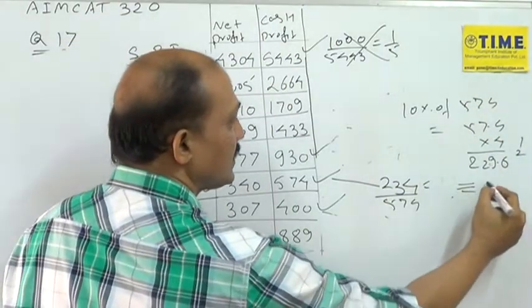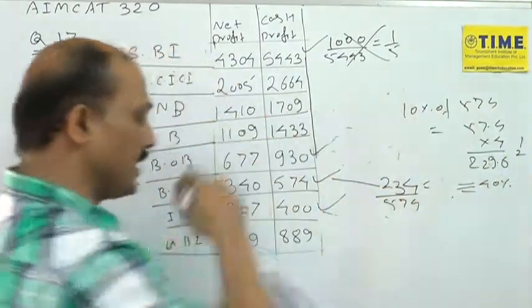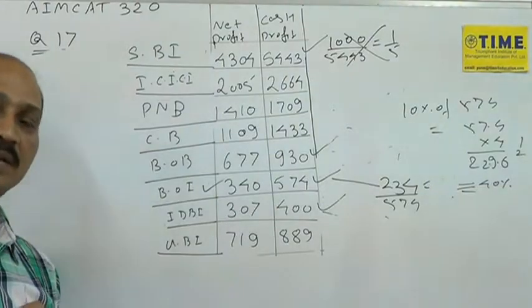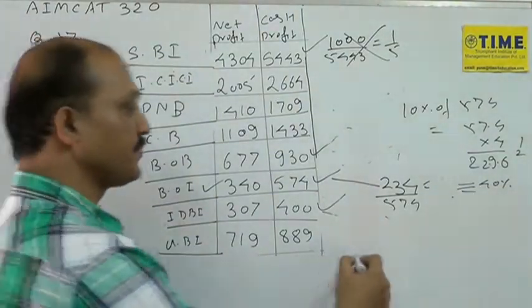So roughly this comes to somewhere near 40%, and there is only one option which is near 40%. I'll mark the answer D.